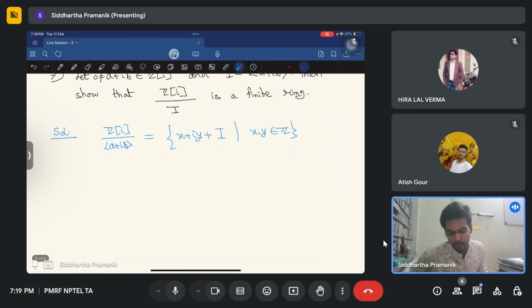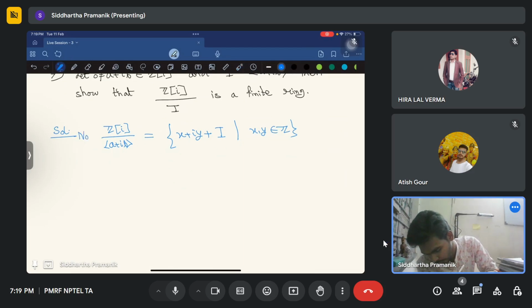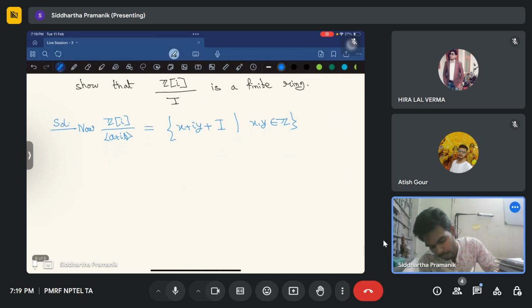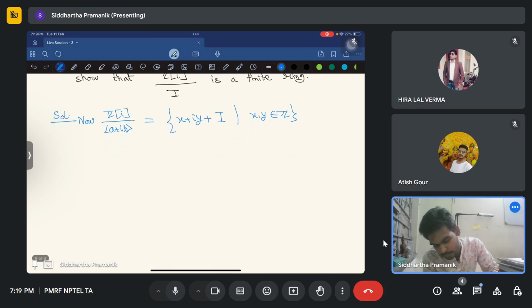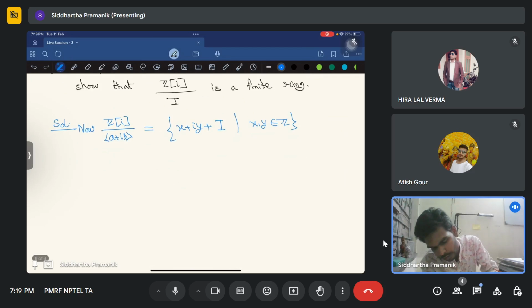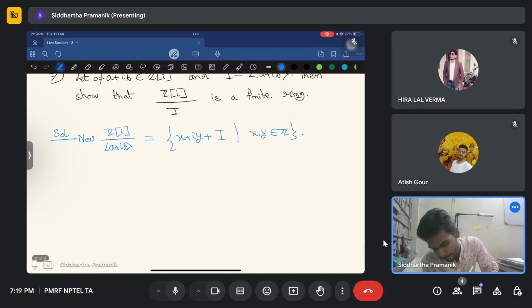So how can we do that? Now observe that the idea is x and y are in Z, right?